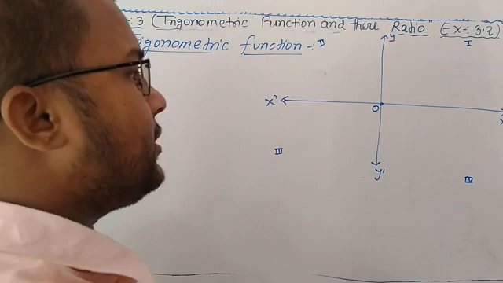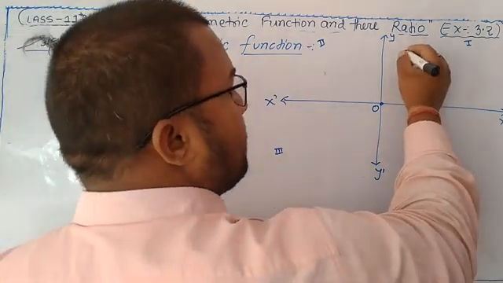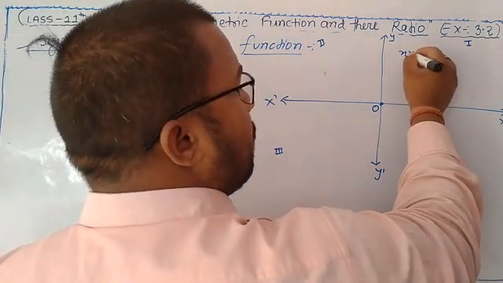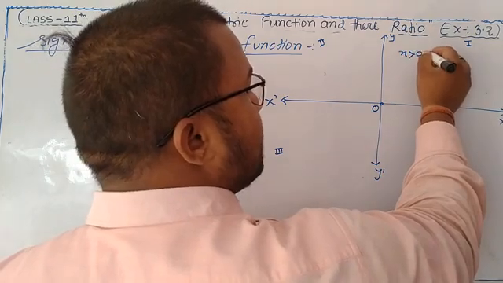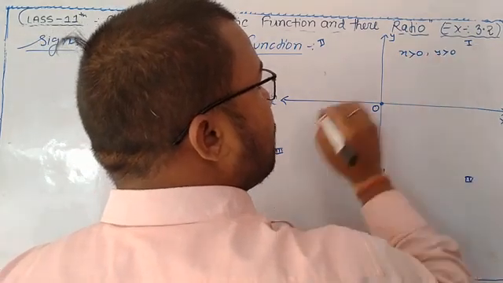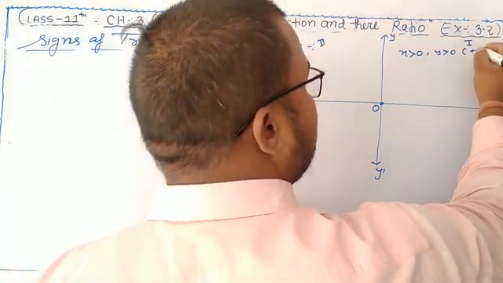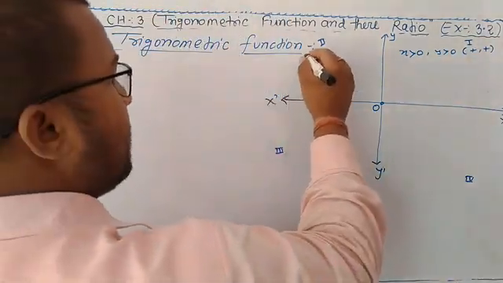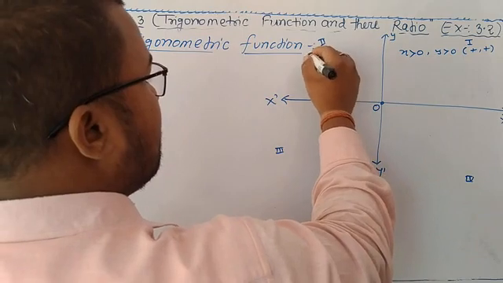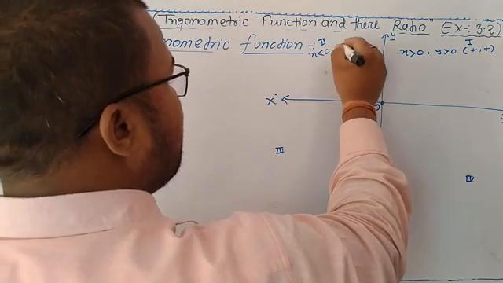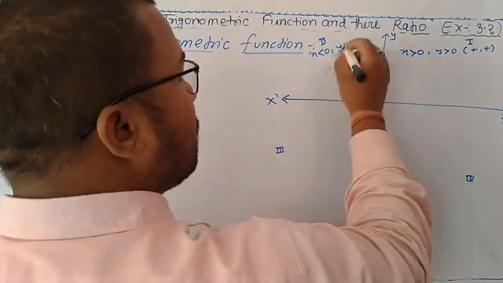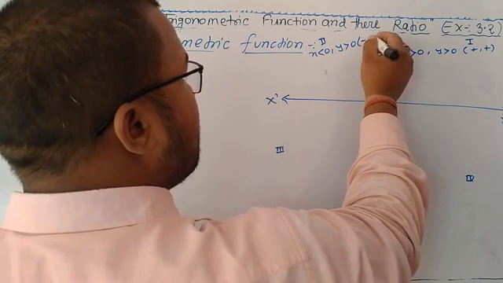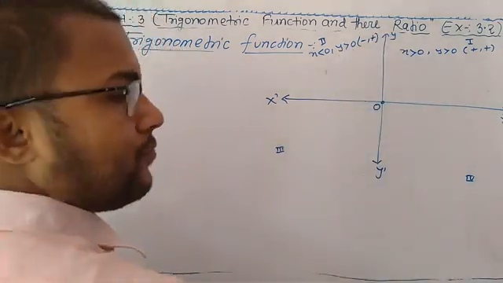The nature of the first quadrant is defined: x is greater than 0 and y is greater than 0, meaning both are plus and plus. Second quadrant is defined by x less than 0 and y greater than 0. The coordinates are minus and plus.